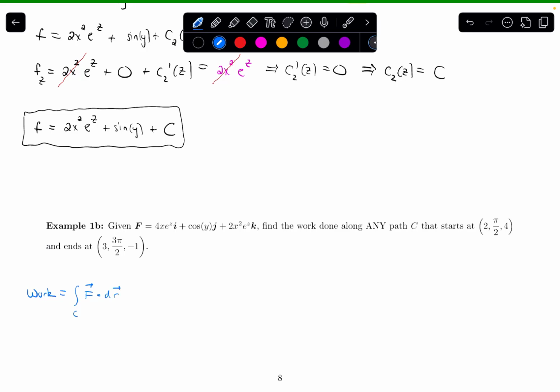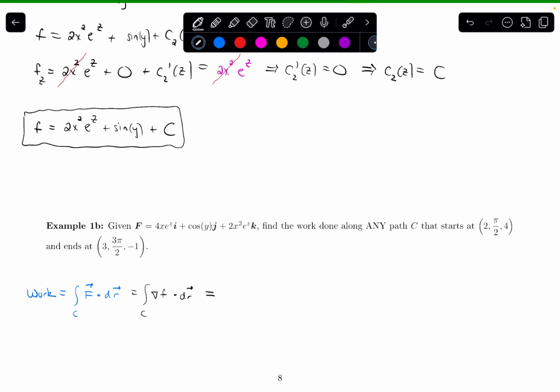But now, based on the work we just did in part A, we can write this as a line integral over my curve. And I know that my vector field f is the gradient of this function little f that I just found, dot dr. And for that, I can use the fundamental theorem of line integrals.